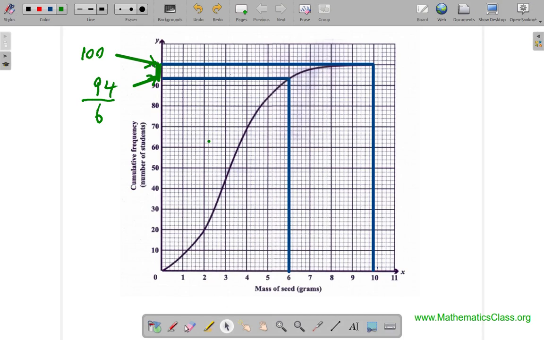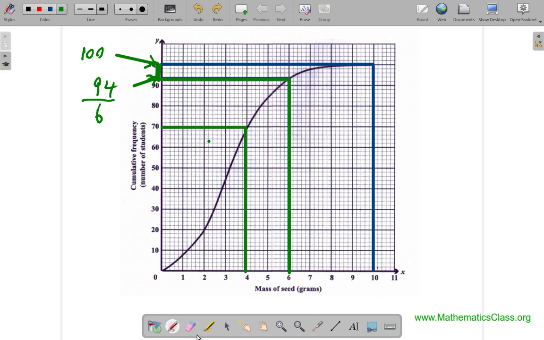Let's just go back to this for a little while. Suppose they had said how many students estimated between 4 and 6 grams. What's the probability of a student who estimated the mass to be between 4 and 6 grams? What you would have to do is this, and then this, and the 6 grams, that's what I already marked.